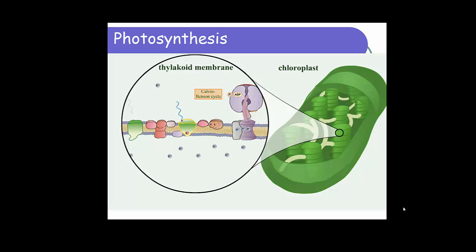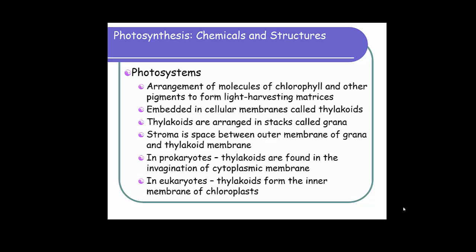In eukaryotic cells, the chlorophyll is contained within the thylakoids located within the chloroplasts. The thylakoid membrane has an electron transport type chain and ATP synthase. The arrangement of the molecules of chlorophyll and other pigments form light harvesting matrices in the thylakoids.